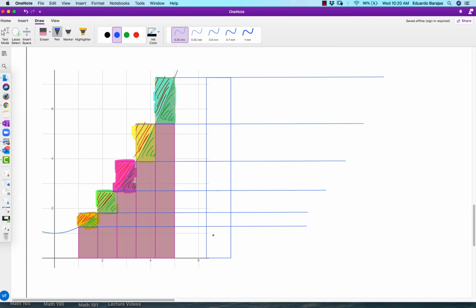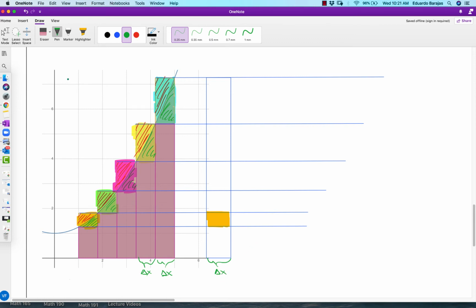This rectangle right here is going to be the same as this one. It's got the same height, clearly, and all of these have the same delta x, which is how we created them: delta x, delta x, delta x.